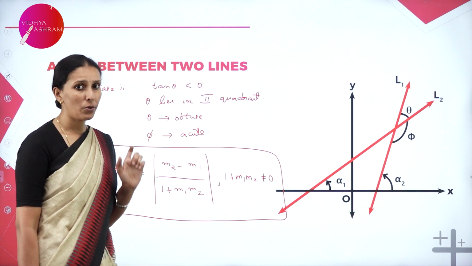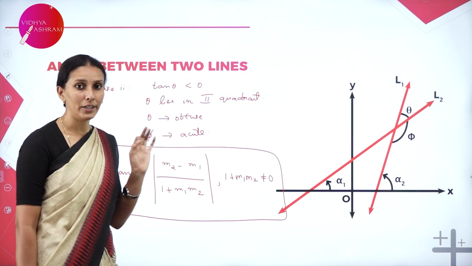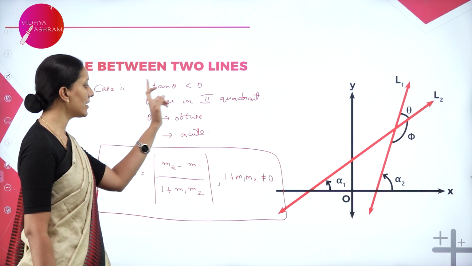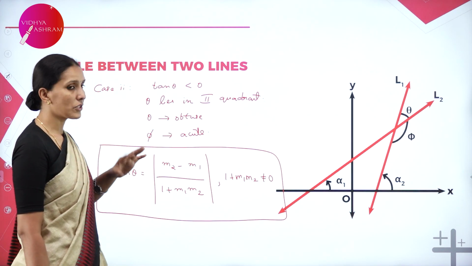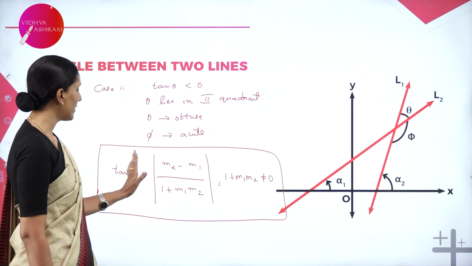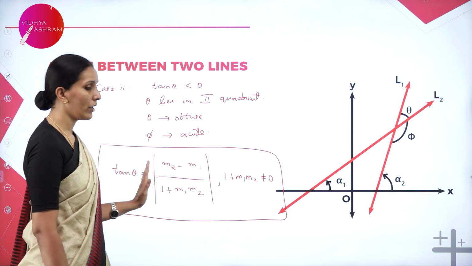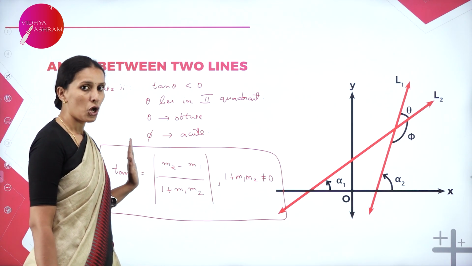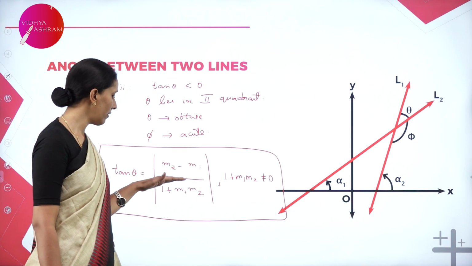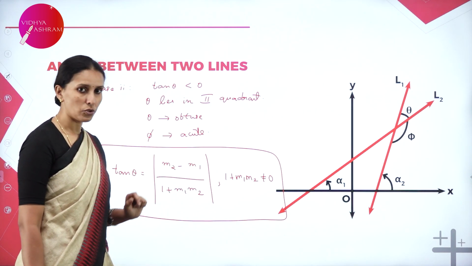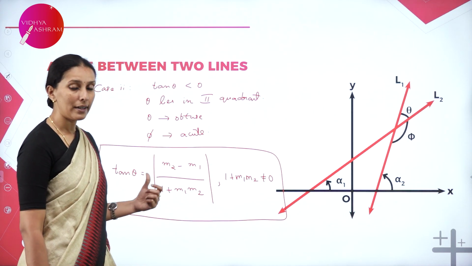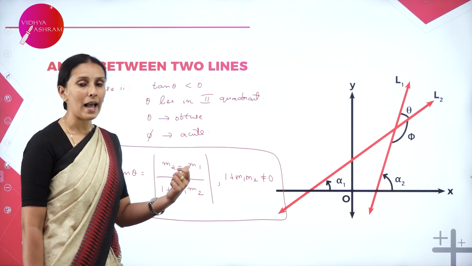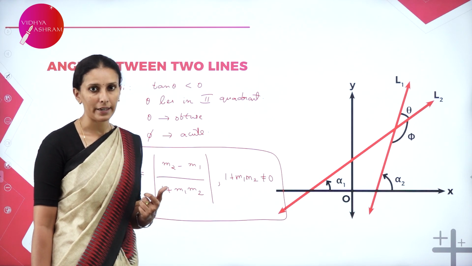So when I say second quadrant angle, it lies between 90 and 180 and hence theta is obtuse, which makes phi acute. So observing these two cases, tan theta can be written with the help of modulus as modulus of (m2 minus m1) divided by (1 plus m1 m2), provided the denominator cannot be equal to 0. And this is the expression to find the angle between any two lines.